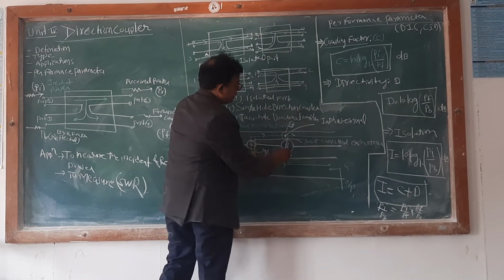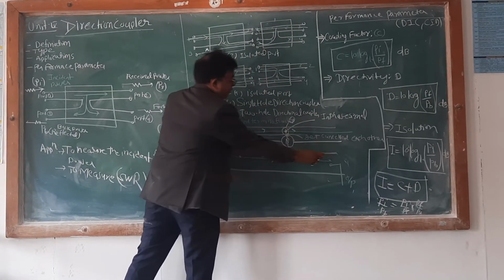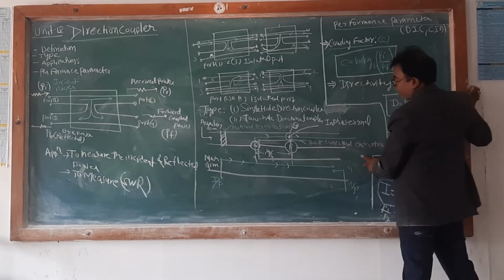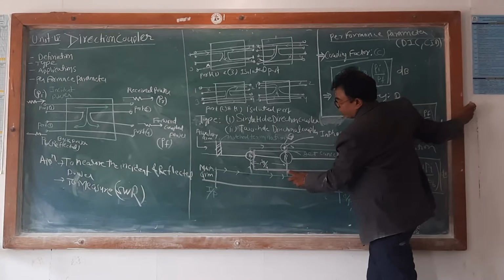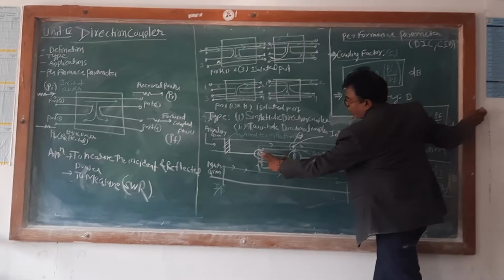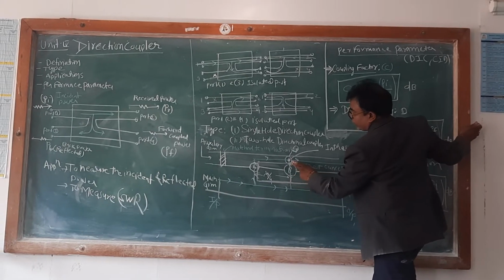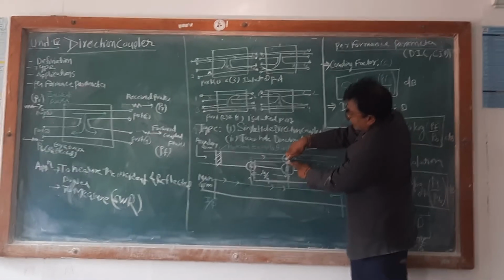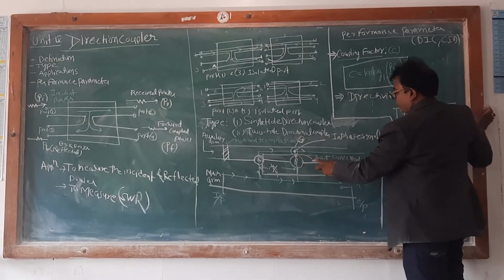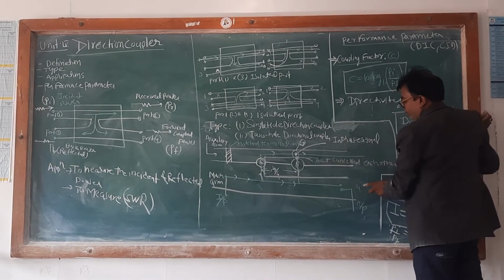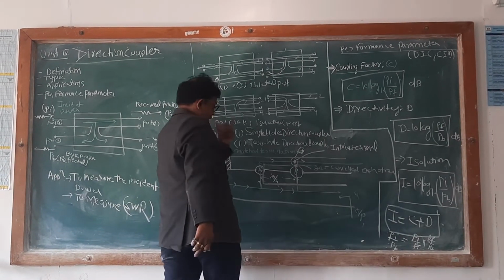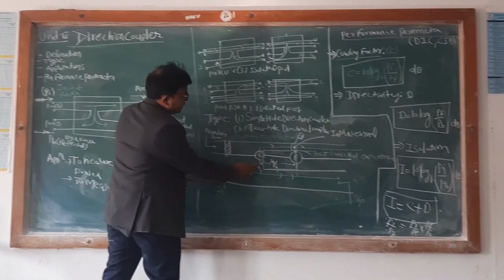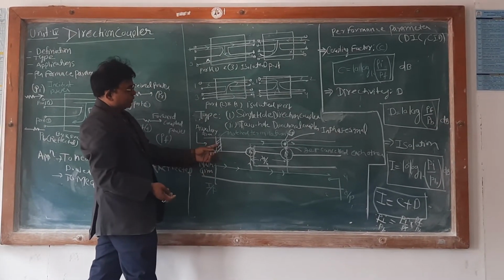So whenever any reflected back power flows, it is going to be cancelled out. Why? Because these waves travel lambda g by 4 and again lambda g by 4, so the phases cancel each other. Here you will not get any power at the back side. This is the property of the two-hole coupler. Nothing is coming out at this auxiliary arm.